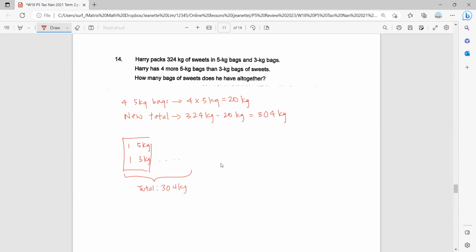So in one group, I need to find the total mass as well. Let's just indicate here there were extra 4 5 kg bags, 20 kg. Since I have the total mass here, I need to find total mass in one group first.